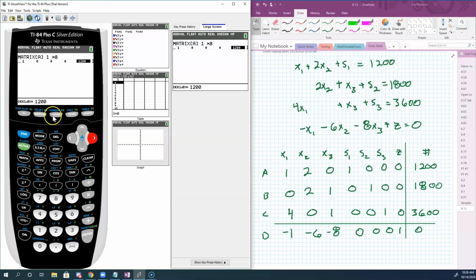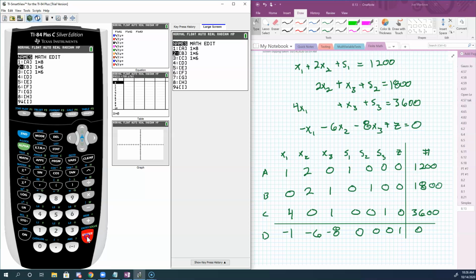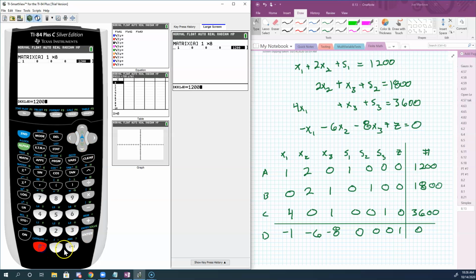Cool. Okay. All right. Need to go into the matrix area B. Oops. No, not what we wanted. Careful. You want to get out of the matrix because you don't want a matrix with matrices in it. That'll get real jacked.